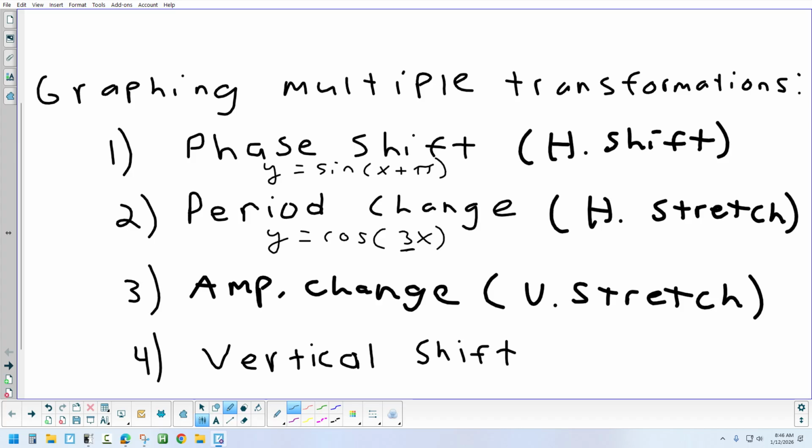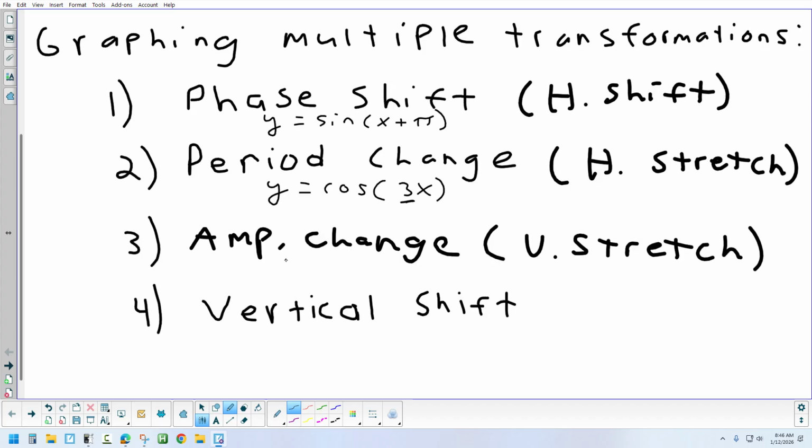Amplitude change. That's another stretch. When we stretch the amplitude, we're changing the height. That's a vertical stretch or compression. Multiplication again, because it's a stretch. But where would the multiplication be this time? It would be outside.